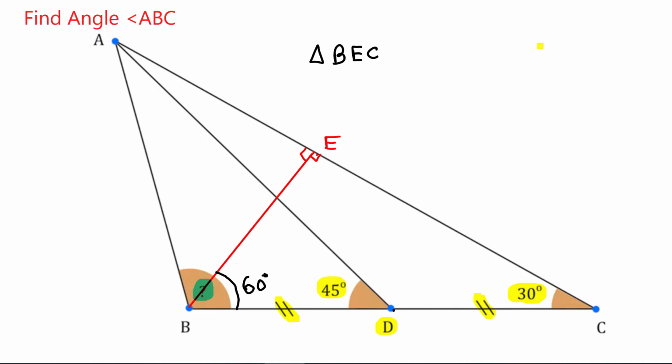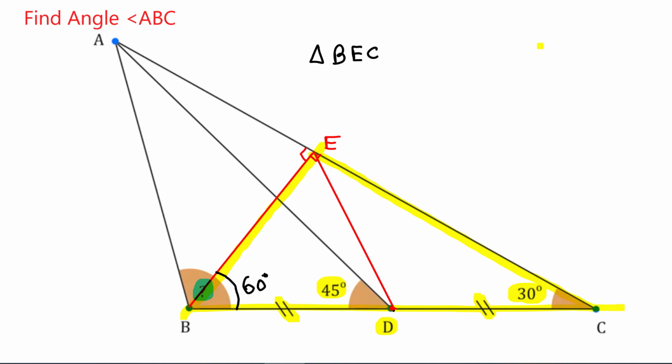Now next we will do another construction. So we will connect point E with point D, and D is the midpoint and BC is the hypotenuse. If you consider triangle BEC, BC is the hypotenuse.